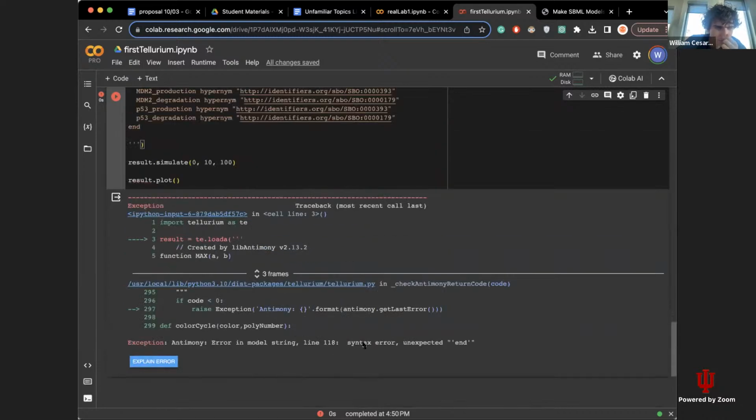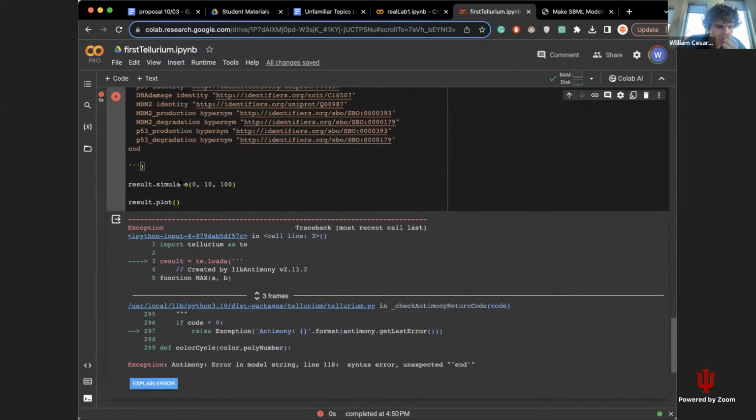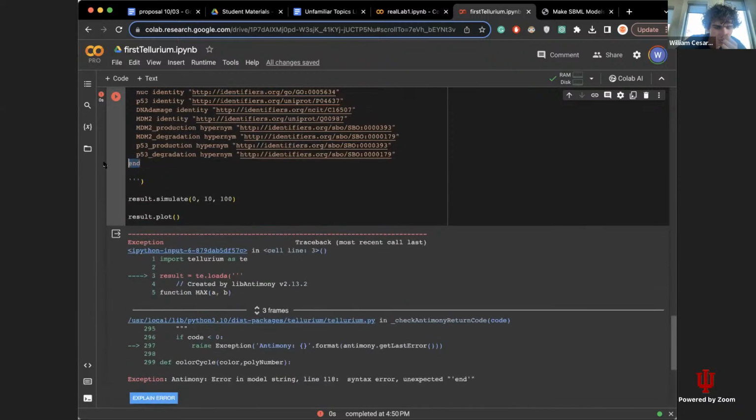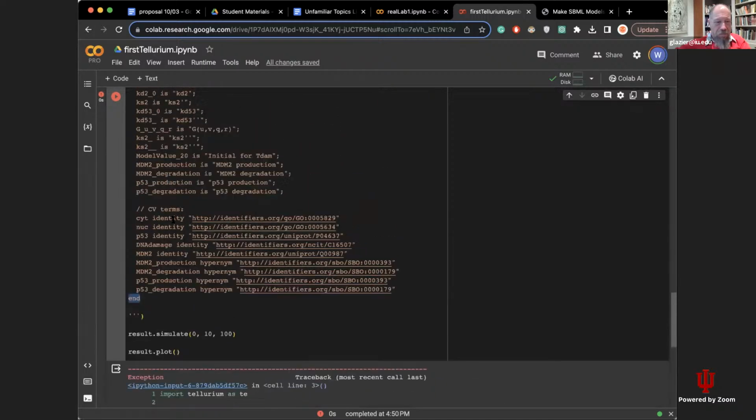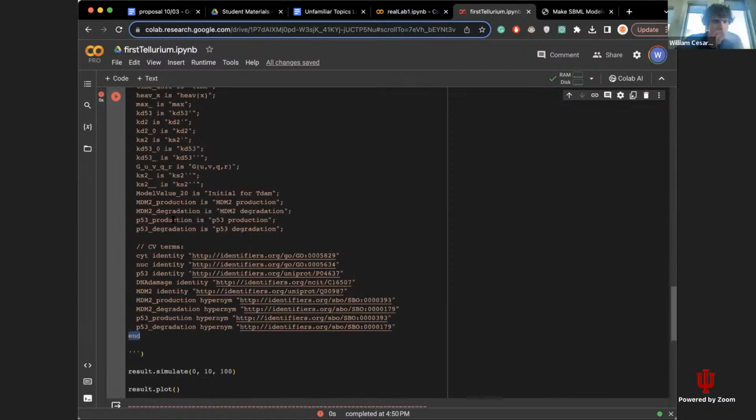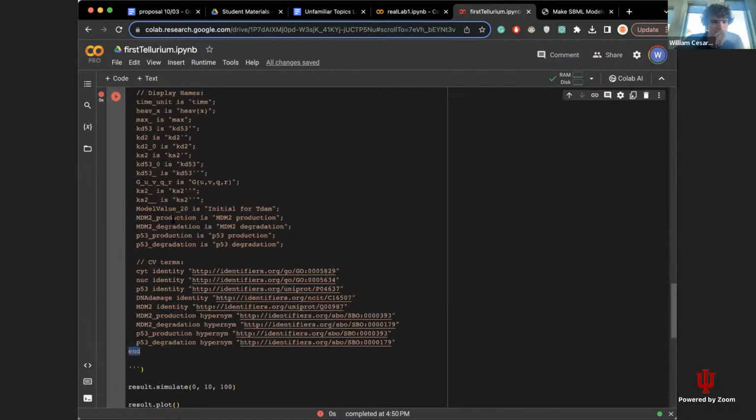Line 118, syntax error. Oh, end. Should I just delete end? No, I thought you need end. Unfortunately, that usually means that there is a typo in the model. Okay. And that's sort of an annoyance. I don't understand why some of these have double.